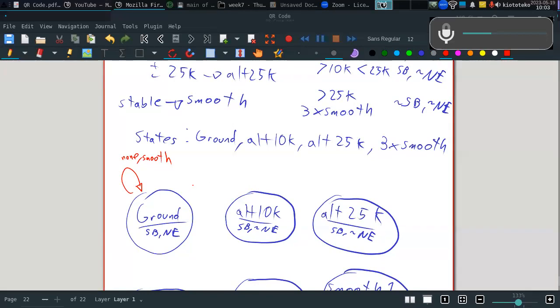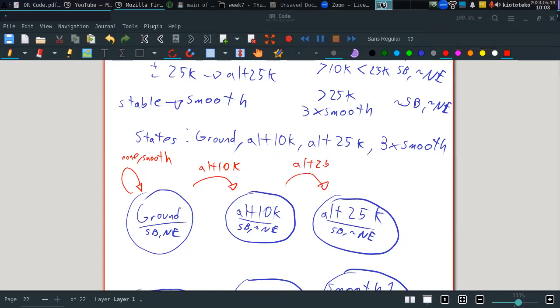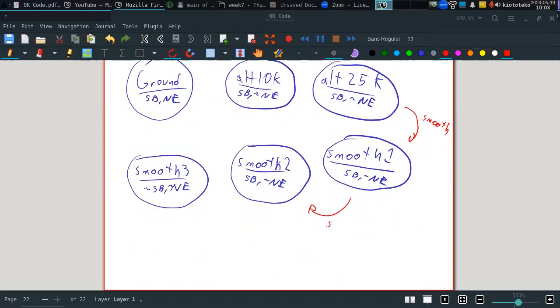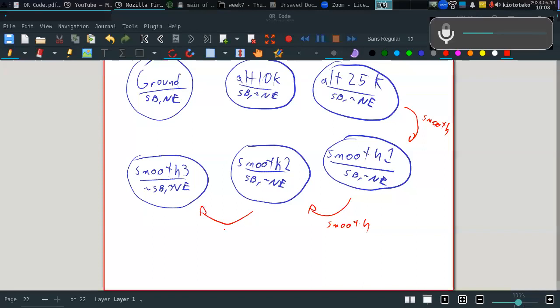Only when we get the Alt 10K signal do we transition to this one. Furthermore, when we transition from here to here, only when you get the Alt 25K. Then we transition from here to here if we get a smooth signal. And we transition to here again if we had a smooth signal. And again, if we have a smooth signal.